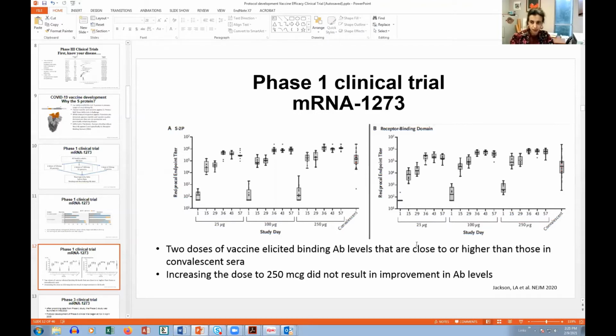You can see that after 2 doses of 25 versus 100, there is an increase in the immunogenicity, reaching here higher levels than the convalescent as a mean. And this is how the 100 microgram was selected to move forward.